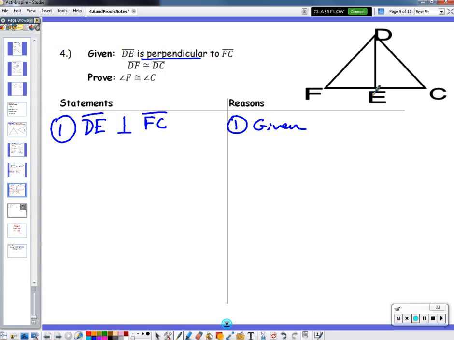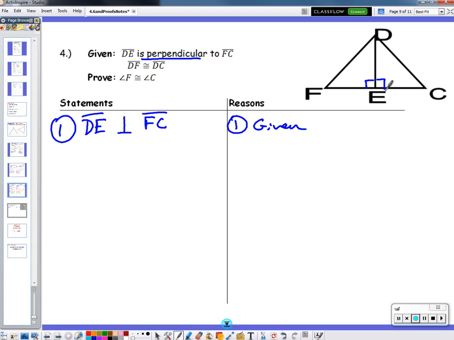So if these 2 lines are perpendicular, what does it tell me about these 2 angles? They're both right angles. So I have to be very specific about what those right angles are. Right? What's the name of this right angle right here? What's the name of this guy? Paul? FED.